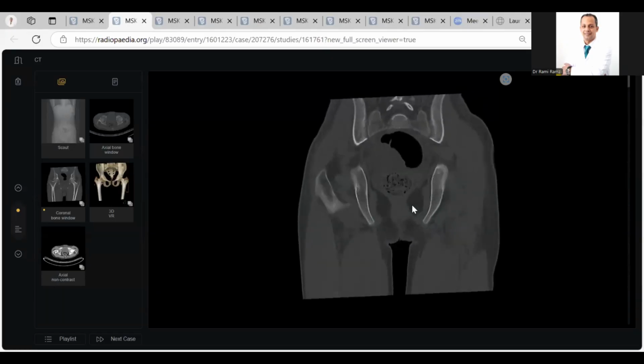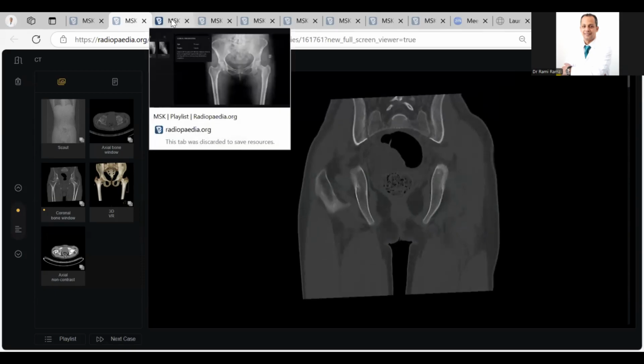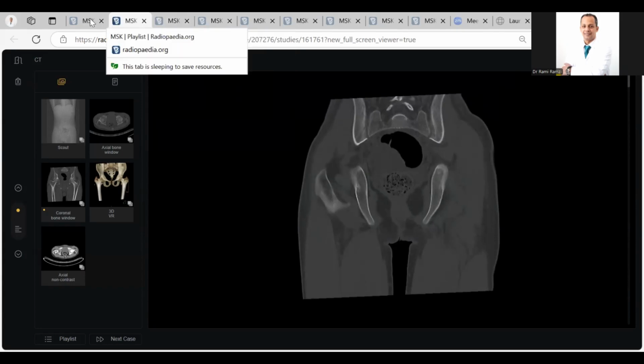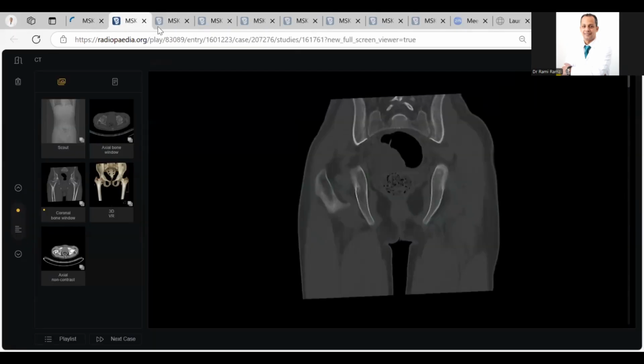Excellent. Septic arthritis could be a possibility if there was an acute presentation previously. Excellent. And Dr. Akila, next, MRI of the pelvis to be done for better evaluation of the findings. Okay, excellent.